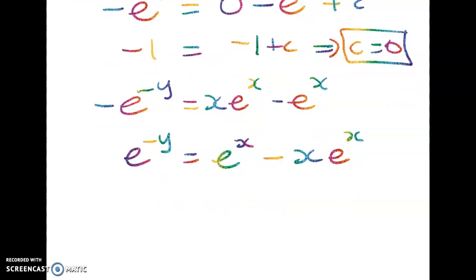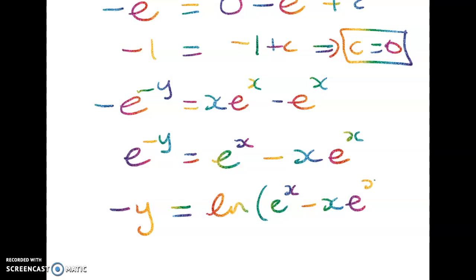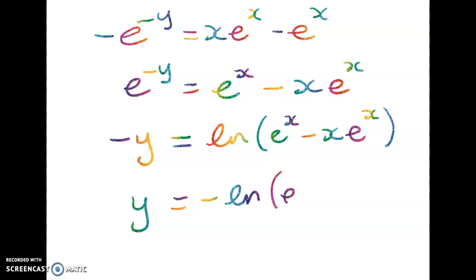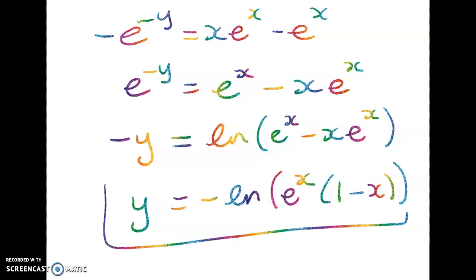And I'm now going to take logs of both sides. So that gives me negative y is equal to the log of e to the x minus x e to the x. So y is equal to negative log of e to the x times 1 minus x. And that's as nice a solution to that DE as we can get.